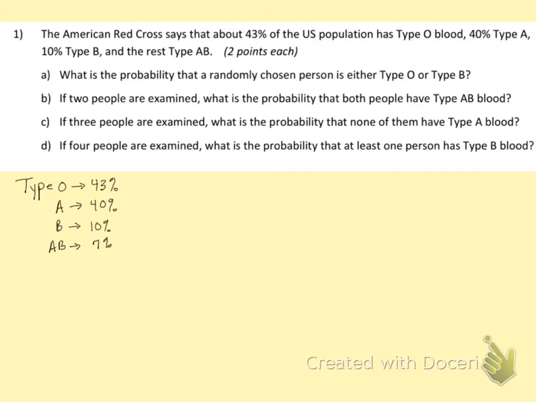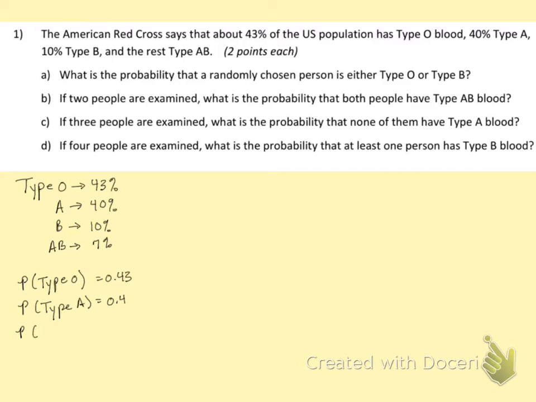And this would mean then that the probability that a person has type O blood is going to be 0.43, and the probability that somebody is type A is going to be 0.4.